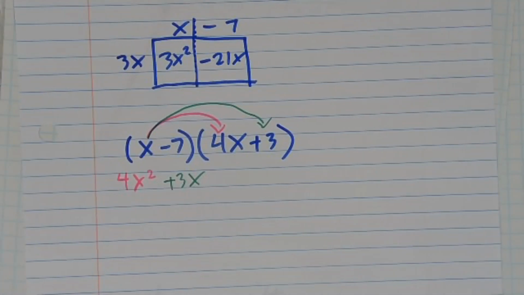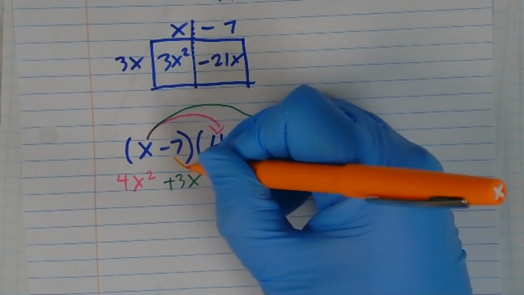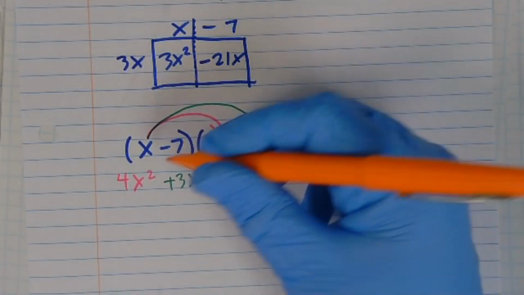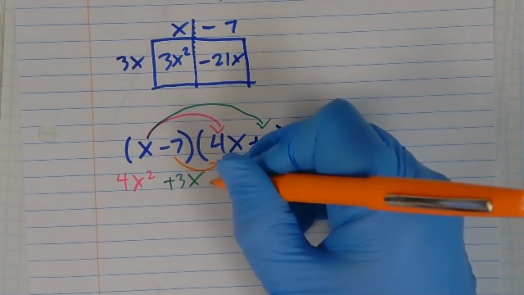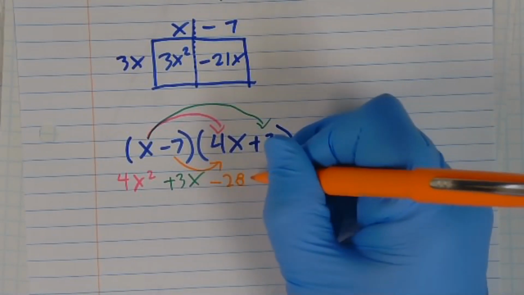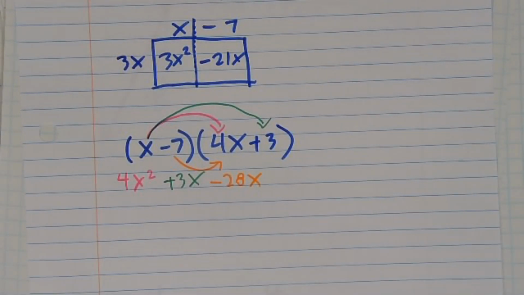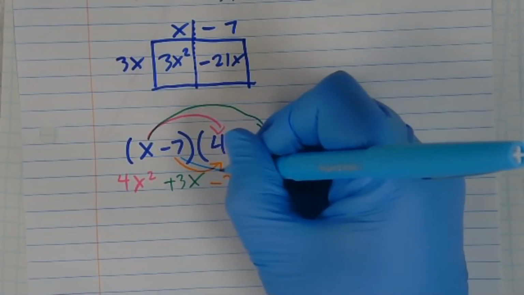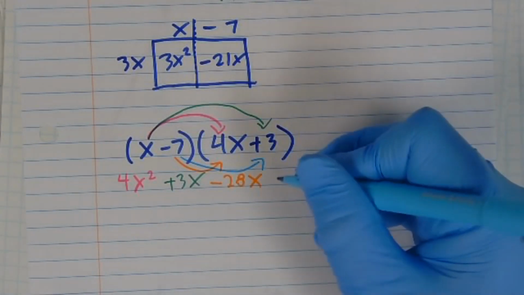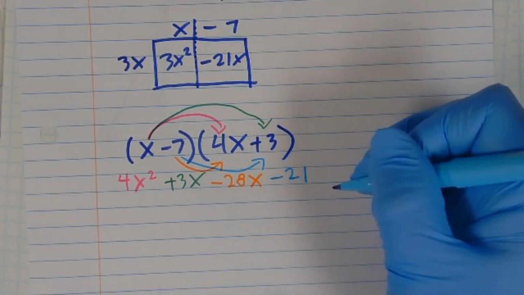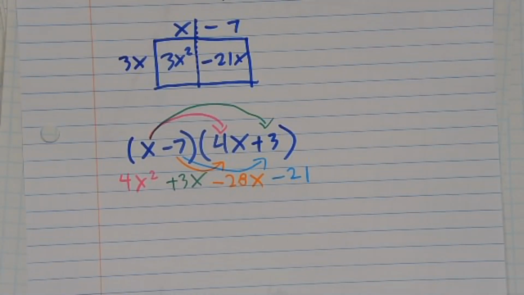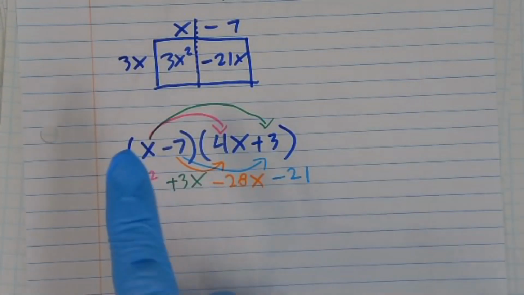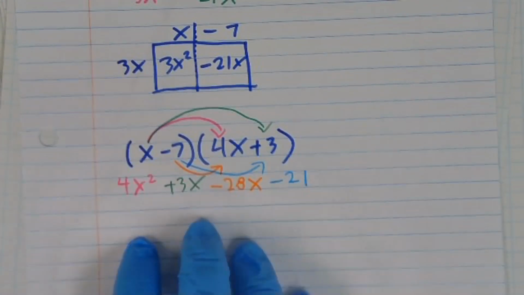I still need to consider the second term. So I look at my negative 7. Negative 7 times 4x, 4 times 7 is 28, so that would be negative 28x. And last but certainly not least, negative 7 times positive 3. 7 times 3 is 21, so I'd have negative 21. So I've multiplied each thing here by each thing in the other, and I end up with 4 terms.